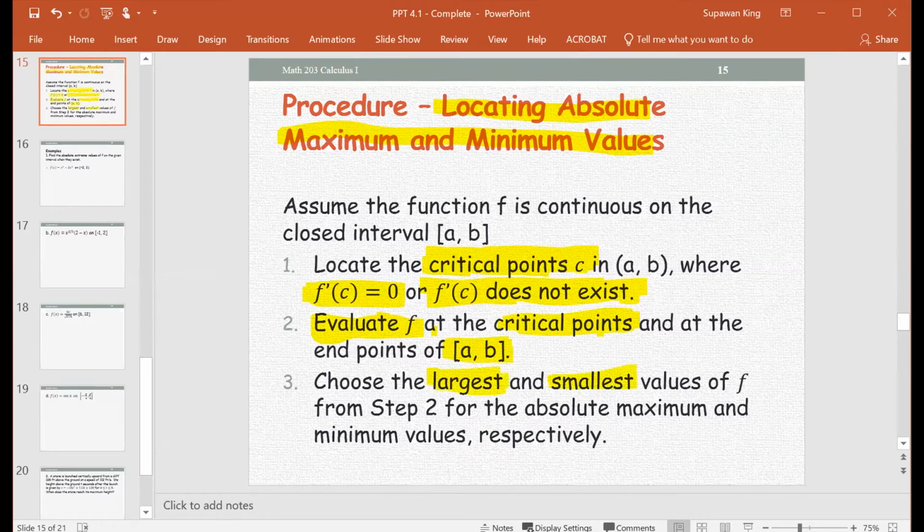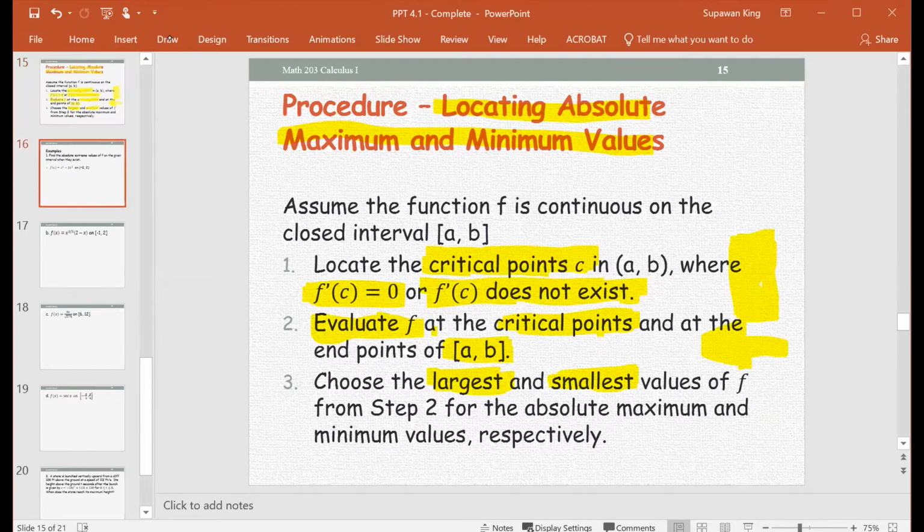The largest is the absolute max, the smallest is the absolute min. That's it. The critical part is the first one, find the critical values. In the second step, you use algebra skills to compute the function values. In the last step, you compare all the numbers and pick the largest and smallest as the absolute max and absolute min. So there are three main steps to locate the absolute max and absolute min.